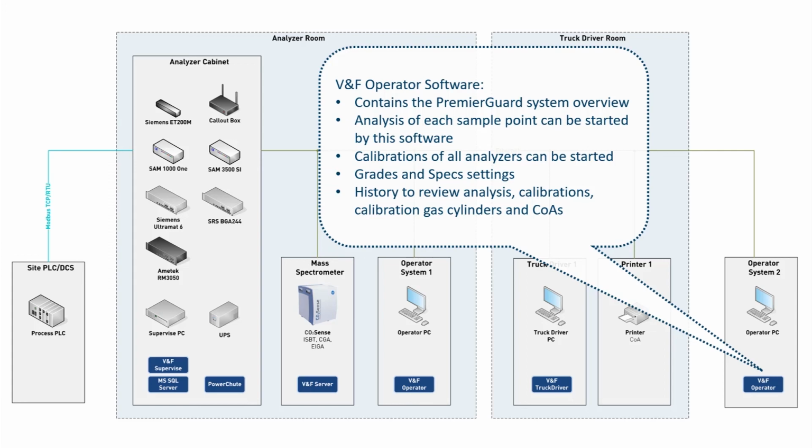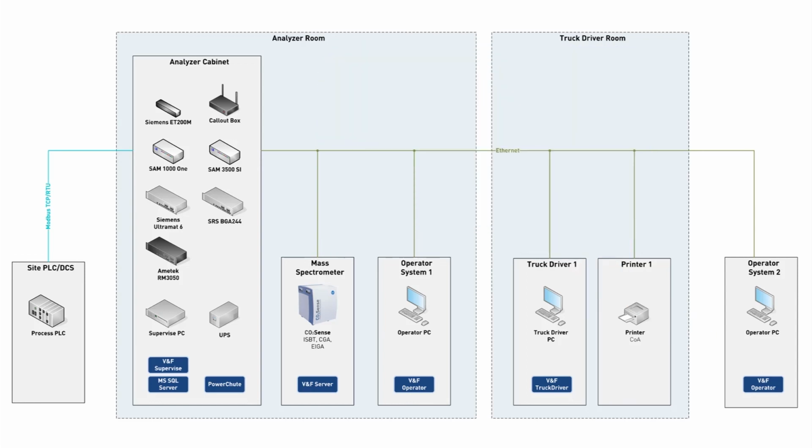Calibrations of every analyzer can also be started. Settings for grades and specifications can be adjusted within this software. The history part allows to review analysis results, calibration results, used calibration gas cylinders, and a PDF version of the certificates of analysis. A so-called standard sequence and schedules can be defined within the software.